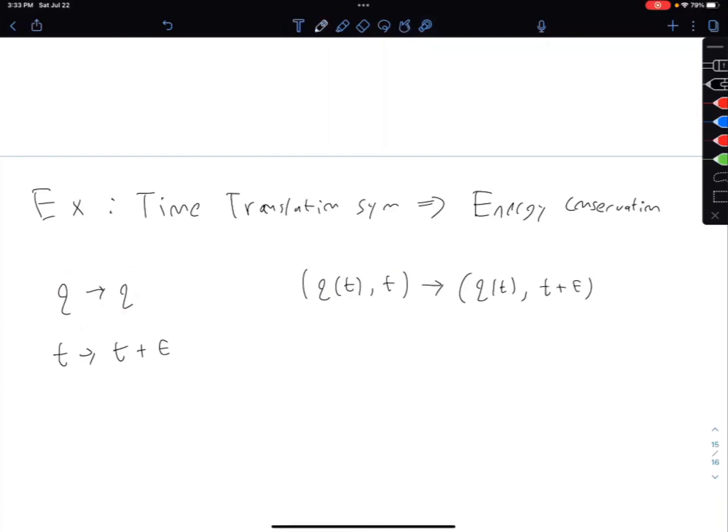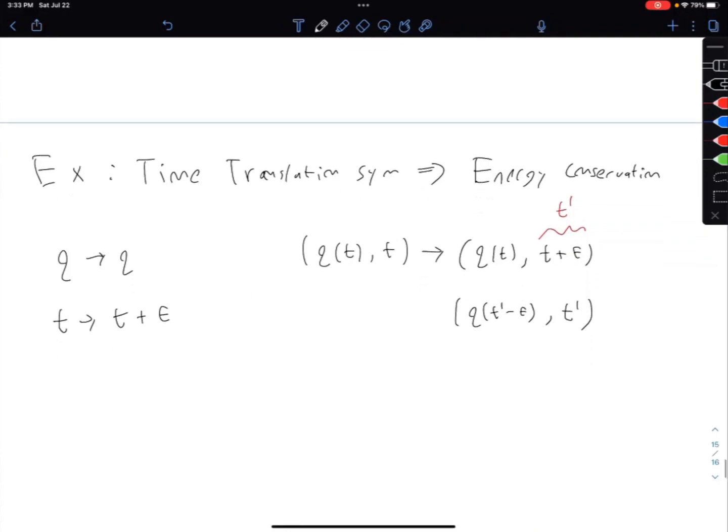But then I'm going to relabel this as T prime. This would be Q of T prime minus epsilon, because T is equal to T prime minus epsilon, and this will be T prime.